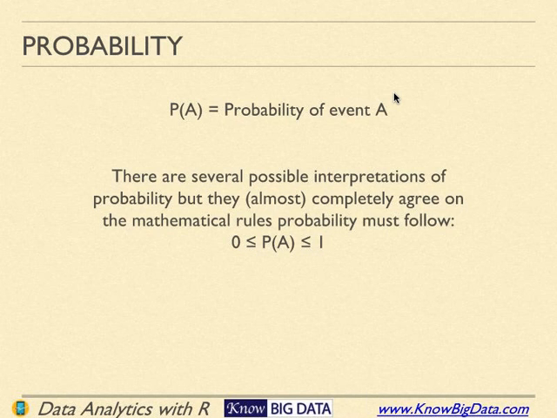So what is the probability of getting a head on a coin which has head on both sides? If you have a coin which has head on both sides, what is the probability of getting a head when you toss it? It is 1, right?